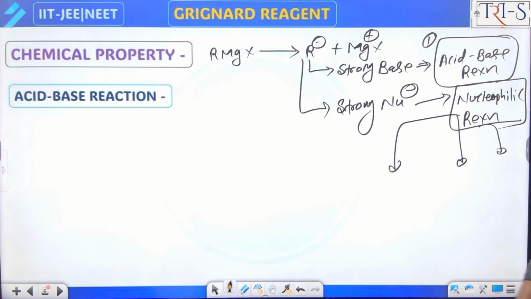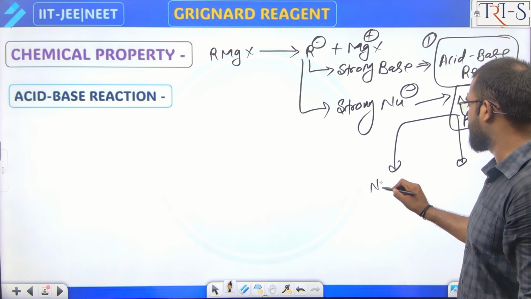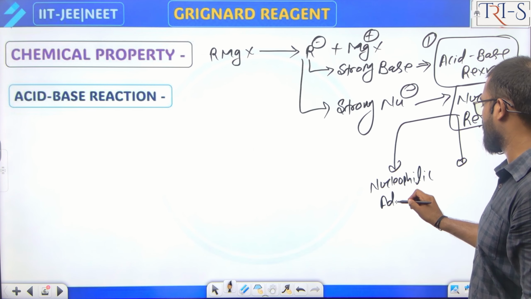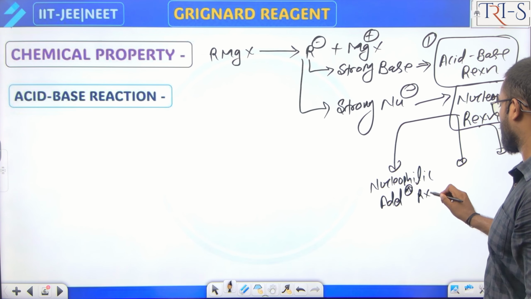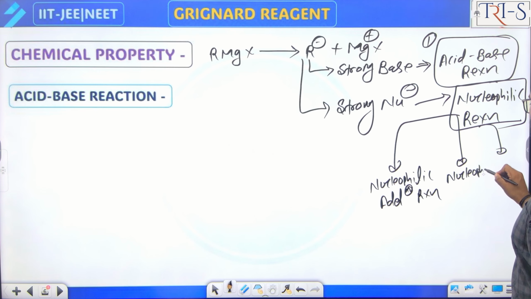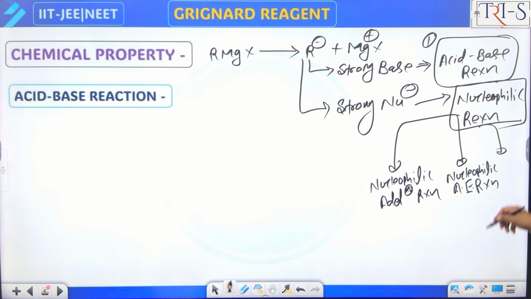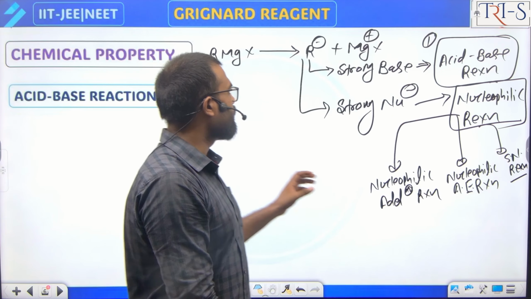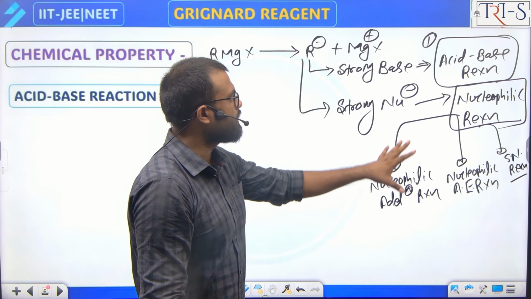One is nucleophilic addition reaction. Another is nucleophilic addition-elimination reaction. And another is nucleophilic substitution reaction, which is also called the SN reaction. So generally the Grignard reagent will give these types of reactions.